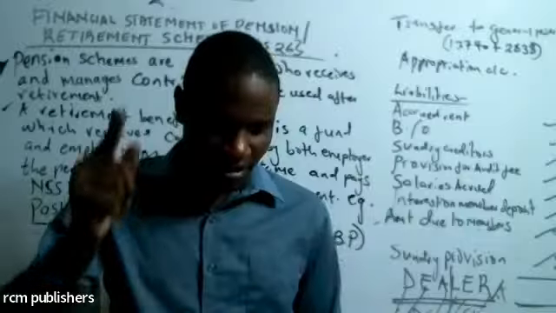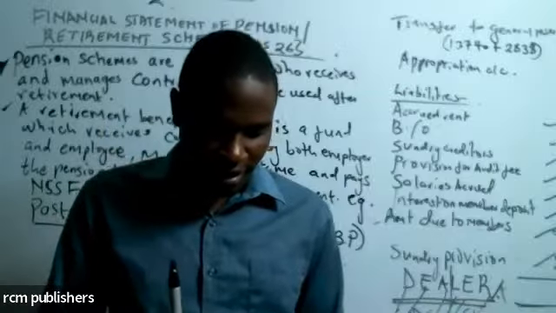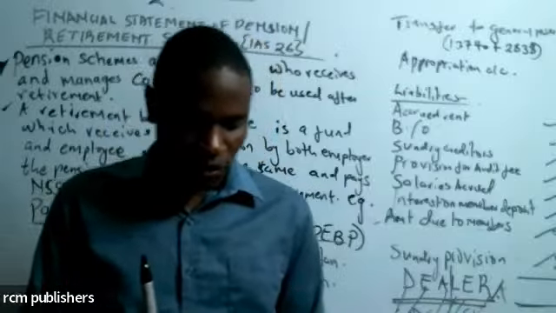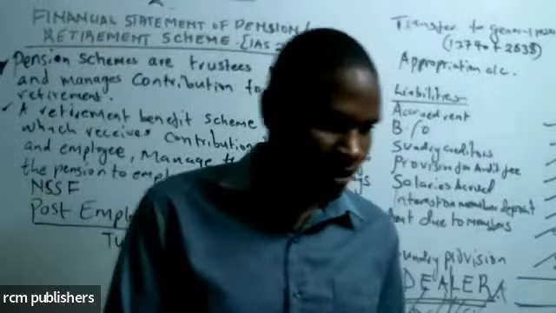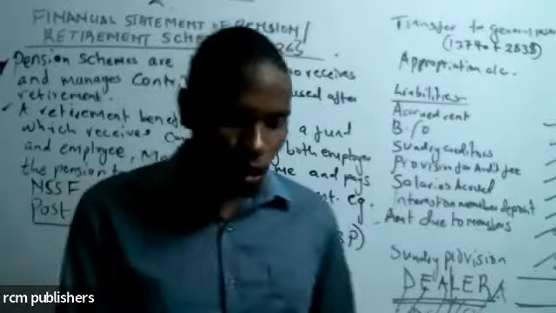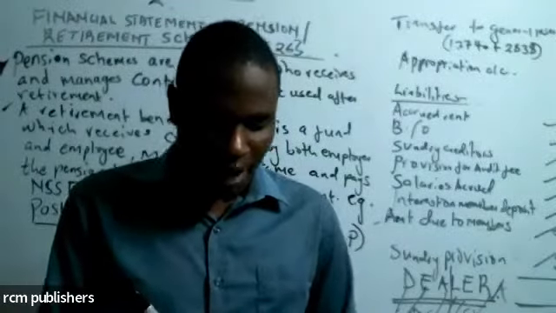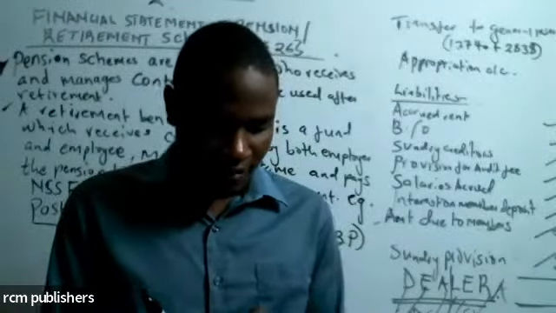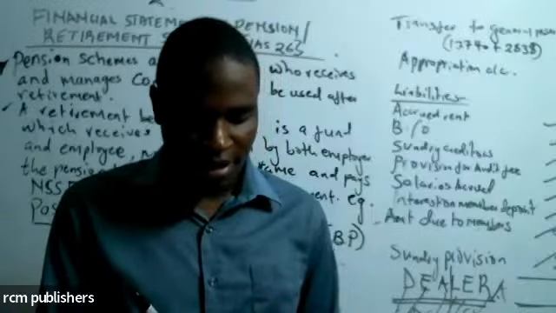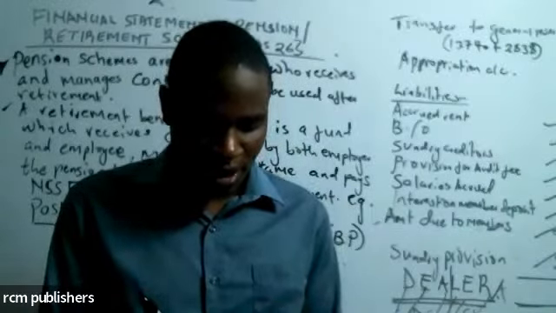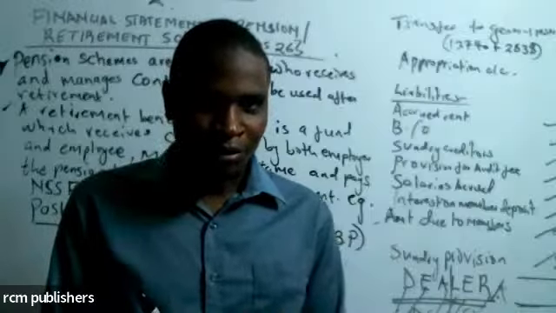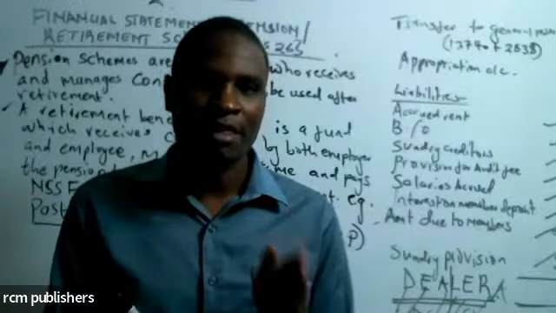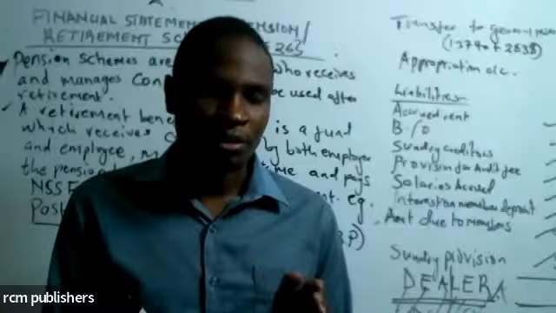So we're saying that it is known in advance and the premium is to be paid after retirement. The premium to be paid after retirement is not known; it depends on how well the investments undertaken by the retirement benefit scheme are performing. The money that is contributed does not stay there.